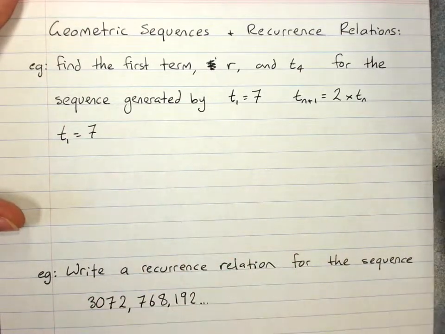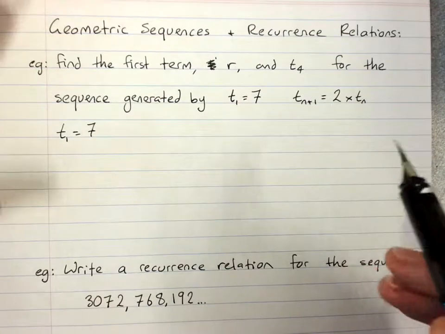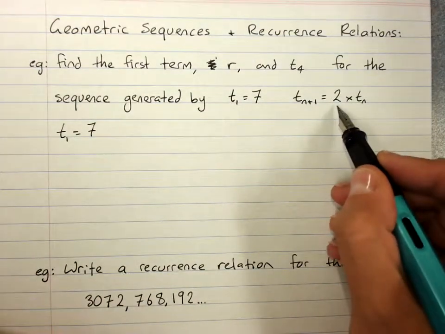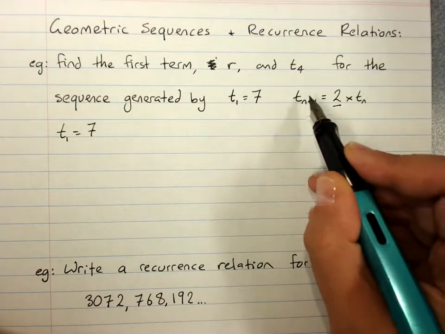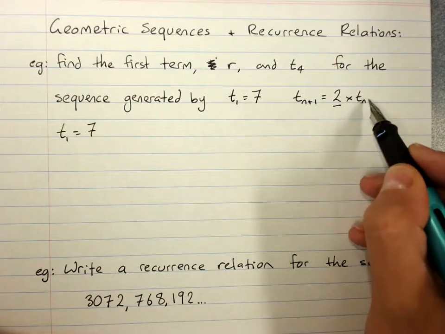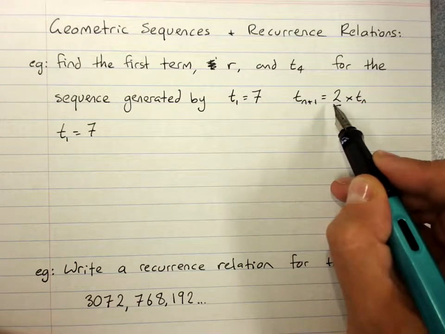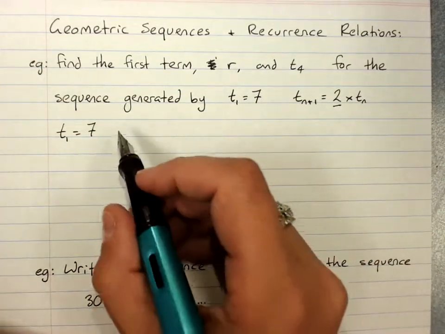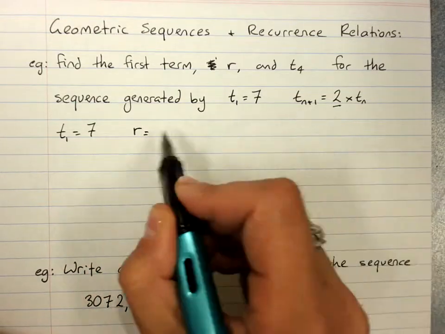The common ratio is found in the rule. Every term is gained by doing the term before it times a number. So my common ratio here is 2.